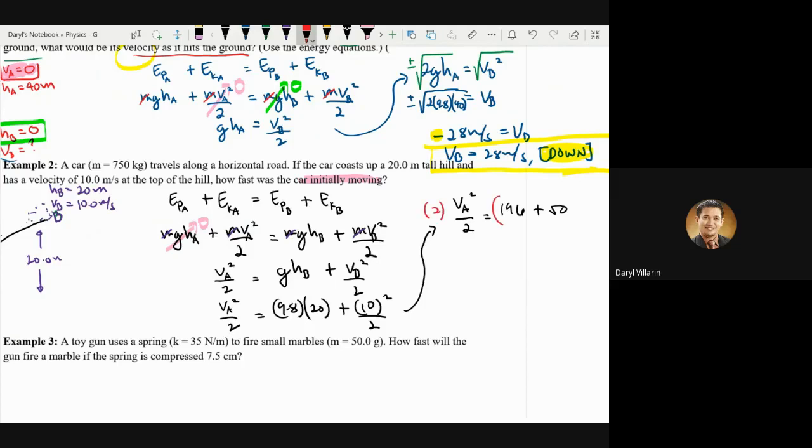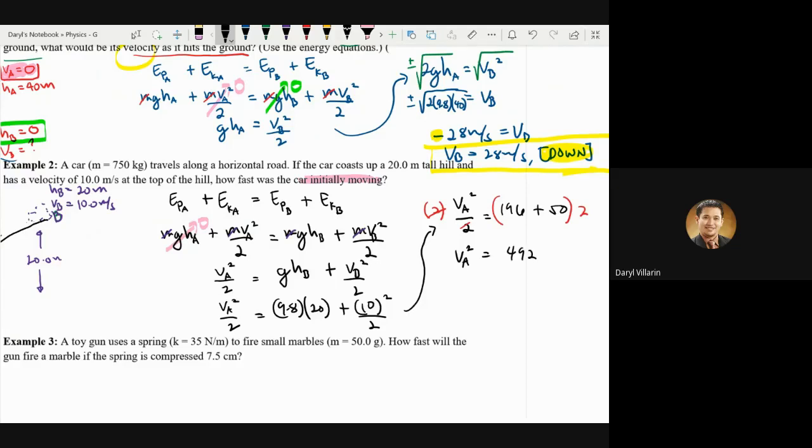So that means this whole two terms here should be multiplied by 2. So be careful if you're going to do this one. Remember that you're going to multiply these two terms here by 2 as well. Not only the 196, but it should be 2 times the quantity 196 plus 50. So that gives me 492.